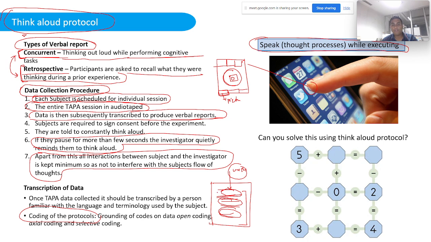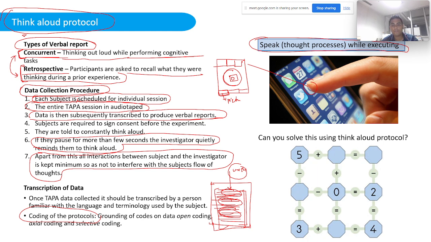Now if there are issues that the person faces, then probably you will get some information from the transcript. Probably there will be occasional stoppage of his verbal communication. Probably he will make certain sounds like, oh, okay, I forgot.